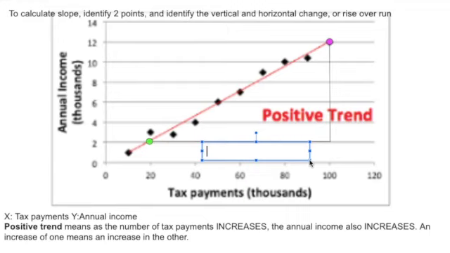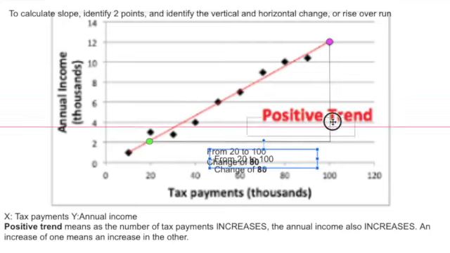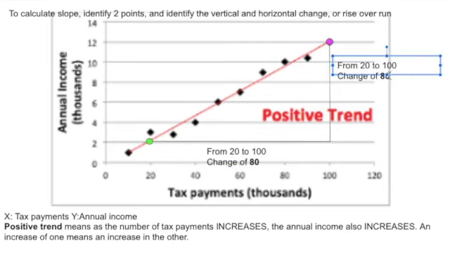So I noticed that horizontally I went from 20 to 100, which is a change of 80. And then on my y-axis, my annual income went from 2 to 12, which is a change of 10.